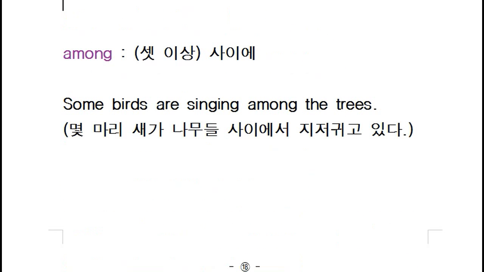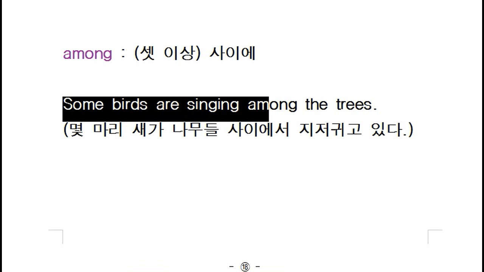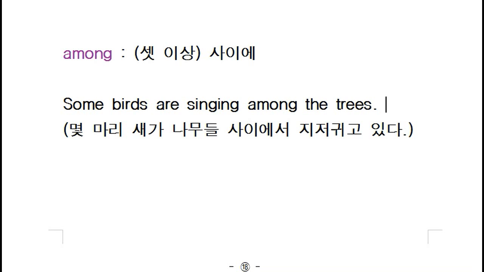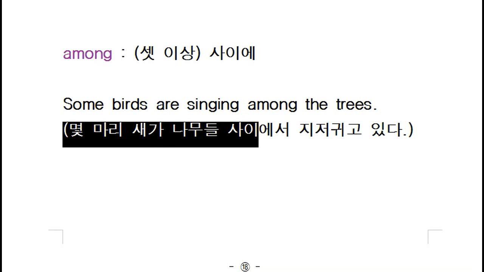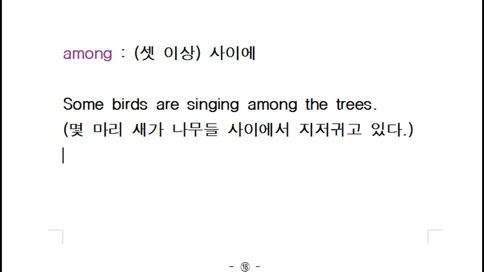However, we have among. Among is what? Very good. There are three or more. For example, some birds are singing among the trees. Among the trees, there are many trees. Got it? Very good. Look at this. So, what about making an example, students?